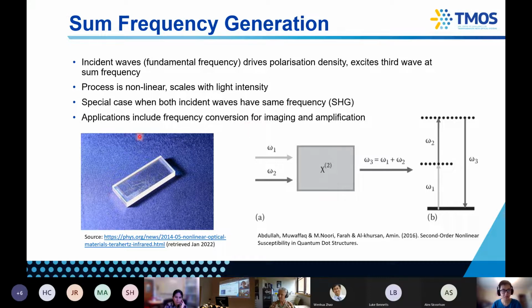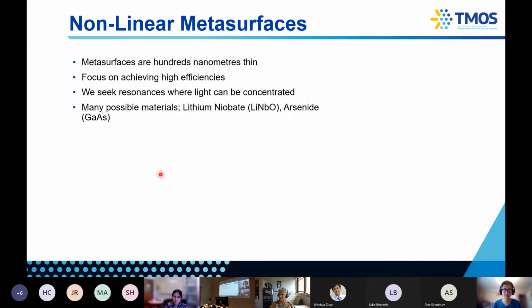However, most of these applications use nonlinear crystals that might be expensive and quite bulky. So the interest is in having nonlinear metasurfaces. These metasurfaces are as thin as the nanoresonators themselves, which would be on the order of nanometers.